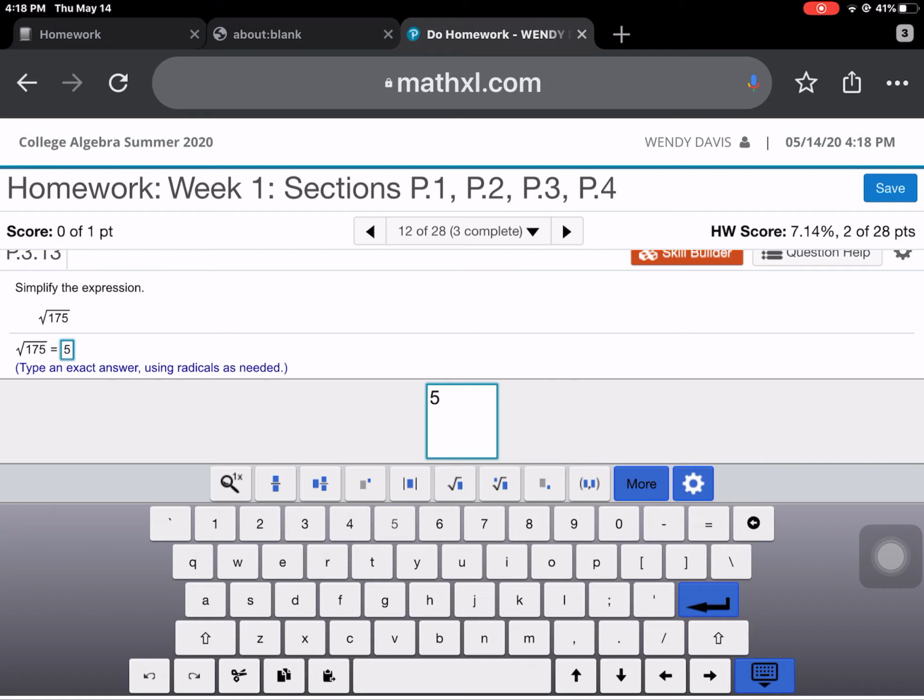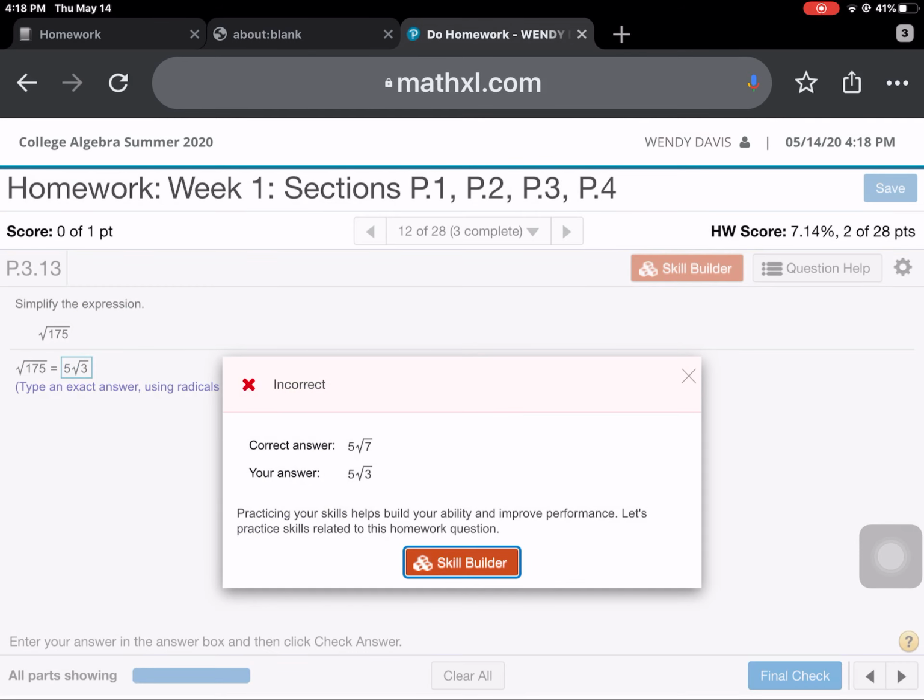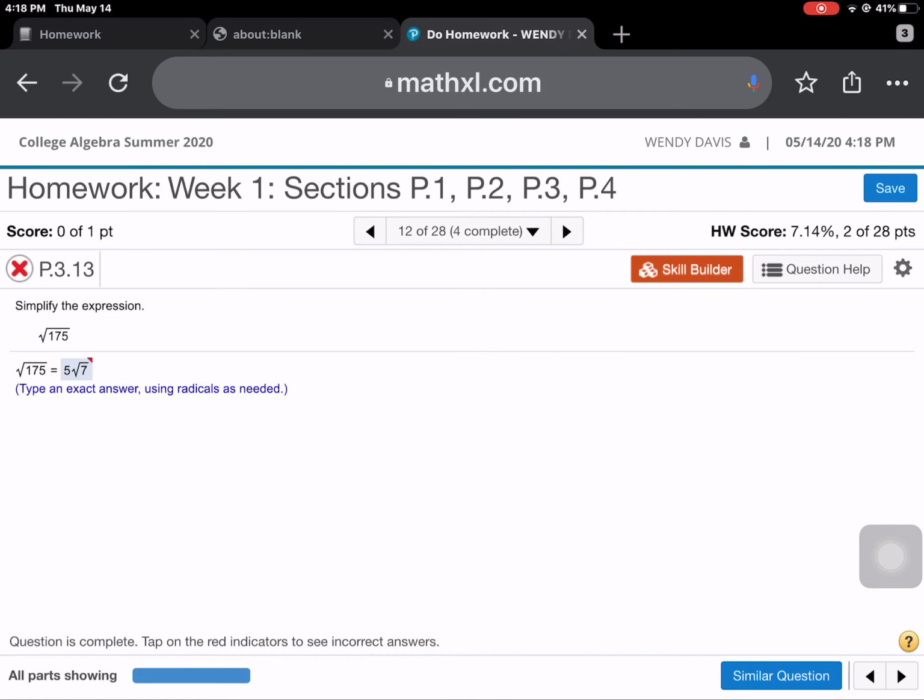So 5, this top row, you use that square root button, and I'm just going to make up an answer. Skill Builder will help you practice, and then when you hit similar question, it will give you a new one to try. Okay, let's move on to 19.